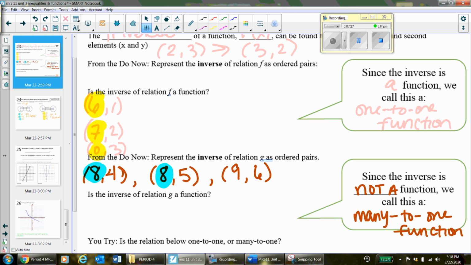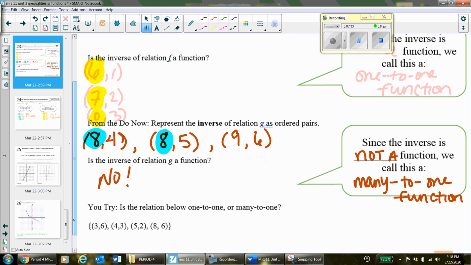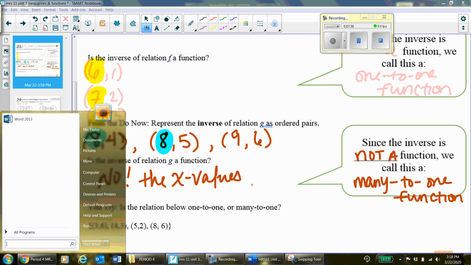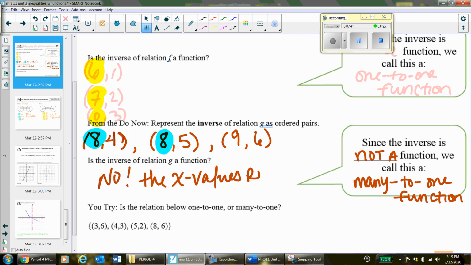So is the inverse of relation G a function? No, it is not. The x values repeat.